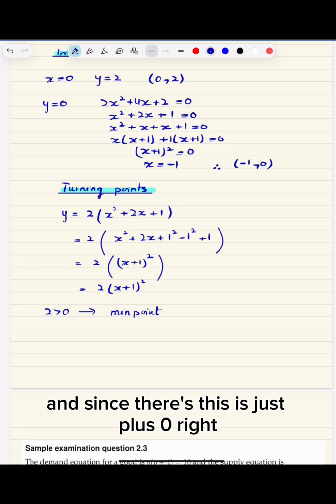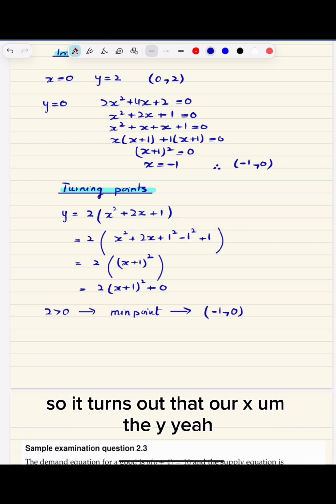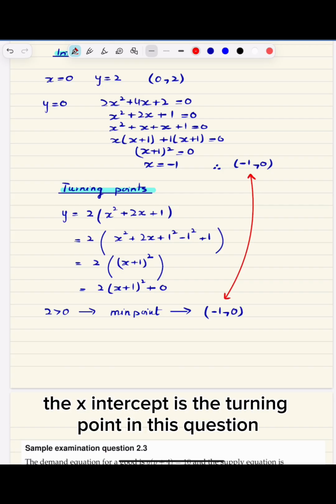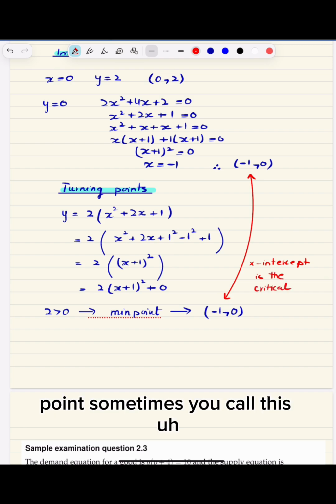And since this is just plus 0, the minimum point is (minus 1, 0). So it turns out that our x-intercept is the turning point in this question. The x-intercept is the critical point.